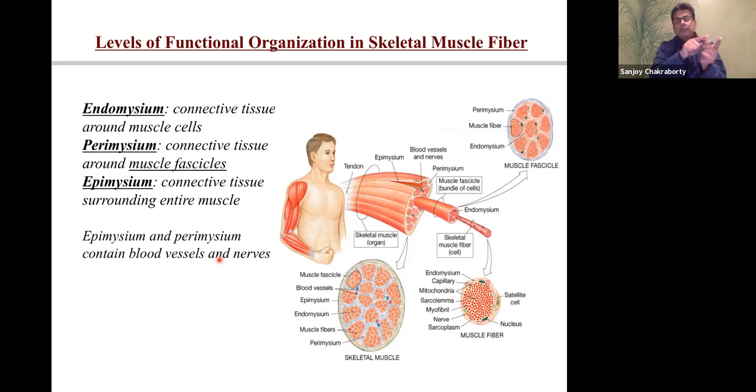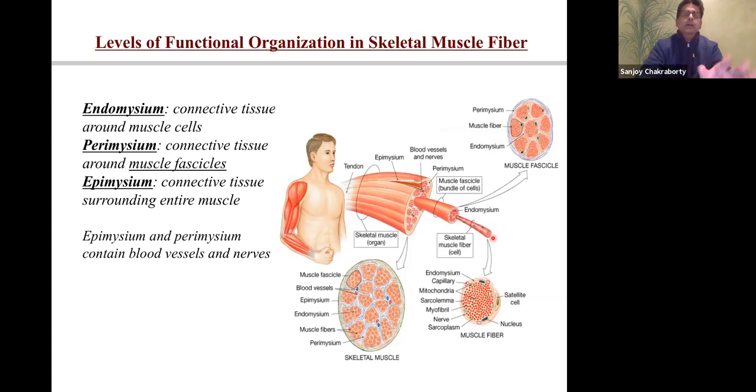I mentioned earlier that each cell is cylindrical in nature, a little bit long and circular, like the cell in this picture. Let's say this is one muscle cell. Obviously we have thousands of them, and those thousands are organized with the help of 3 layers of connective tissue.